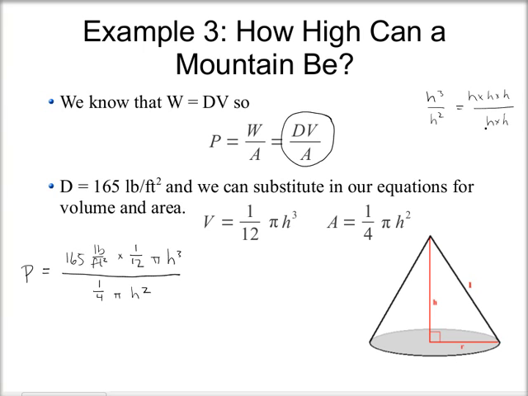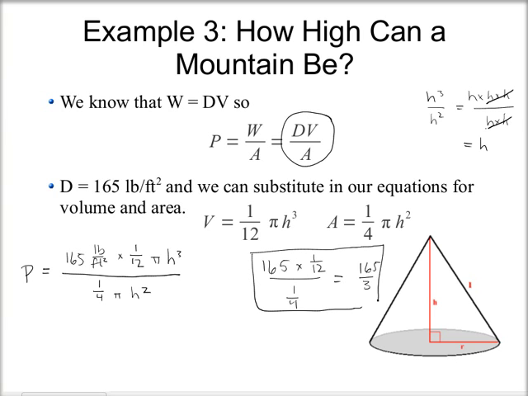So 2 of my h's on the top are going to cancel with the 2 h's on the bottom, and that's just equal to h. And I've got some more algebra to do here, so my numbers are 165 times 1/12 divided by 1/4, and that's actually equal to 165 divided by 3. So I'll box that off.